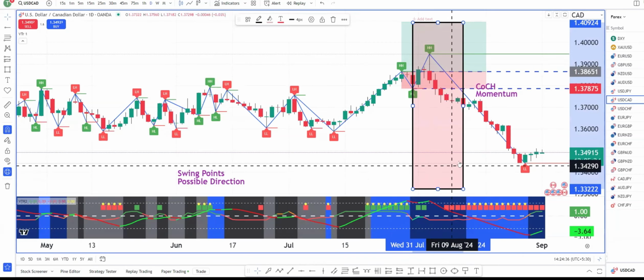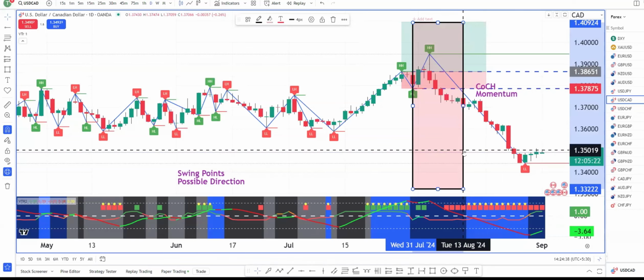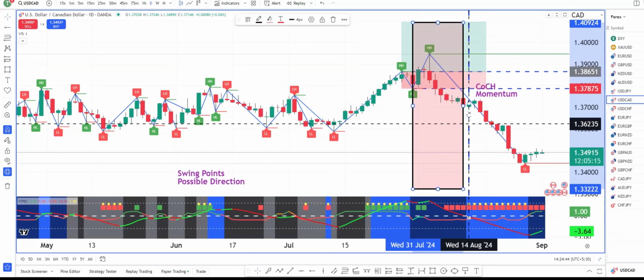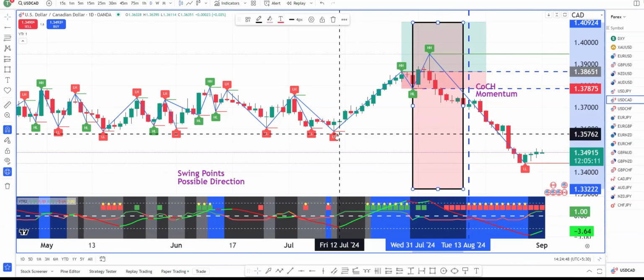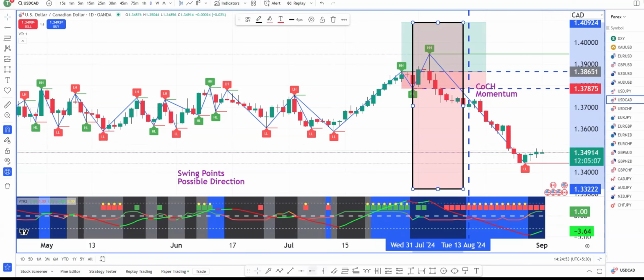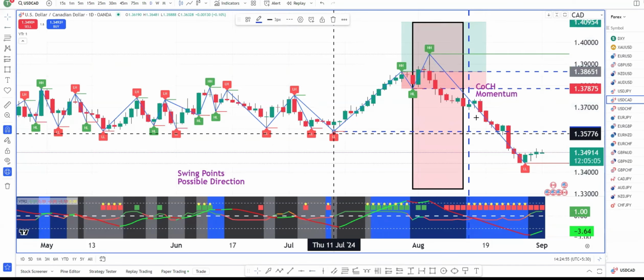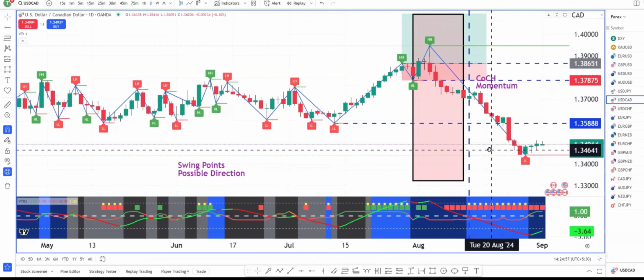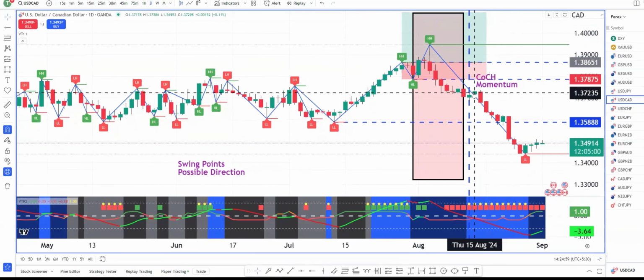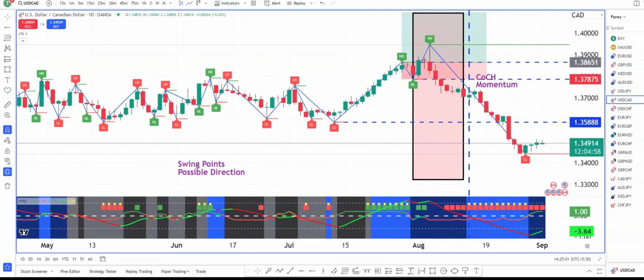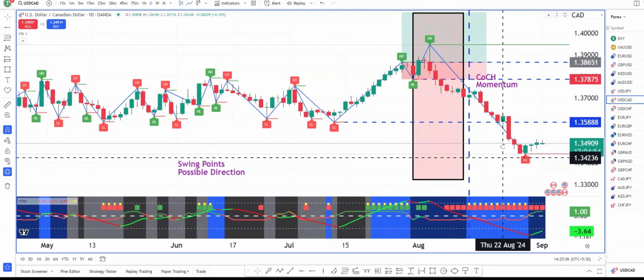But we will look at the next scenario, where the momentum started from this candle here. And the previous low from here also broke in a few days, and you see you made a huge profit in this area.